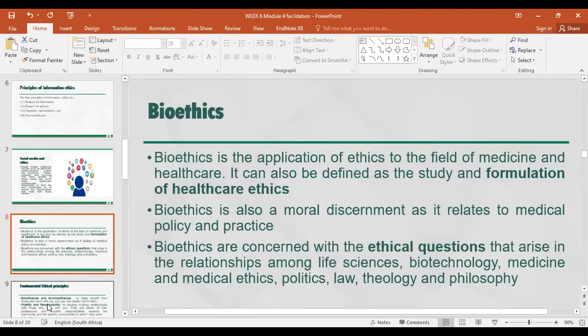That is about ethics. Now we are moving to bioethics. Don't forget what I asked you to note, because you will get a quiz before the end of this session. So far, are there any questions on what we've just covered on ethics and its principles? Are there questions or contributions on it?